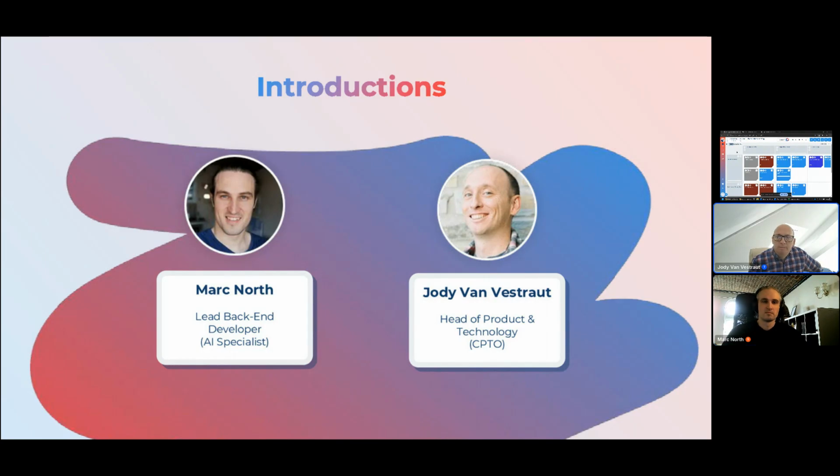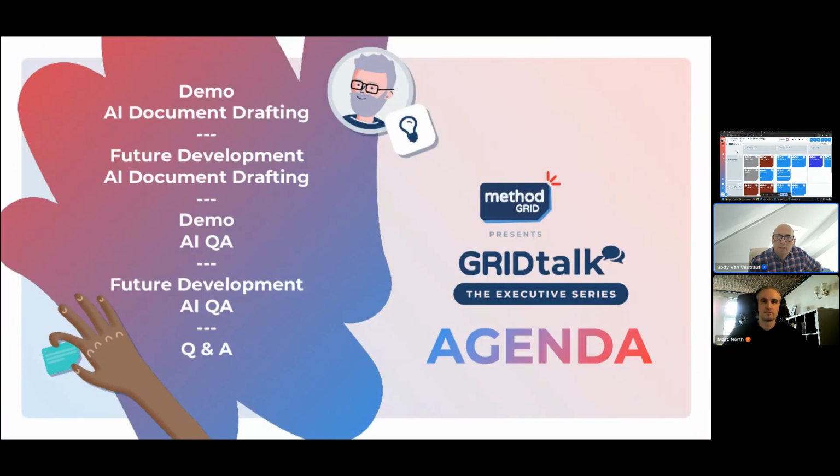So during the next hour, we're going to split the features into two. They are related in some ways. The first one we're going to demo is AI document drafting. That's taking a Word template that contains prompts in each section to help the AI guide you or colleagues through creating a project template document.